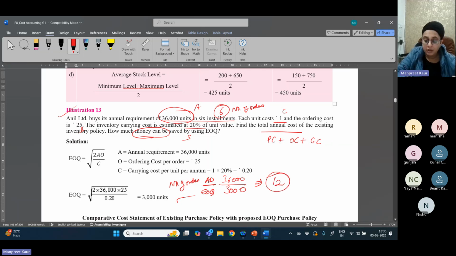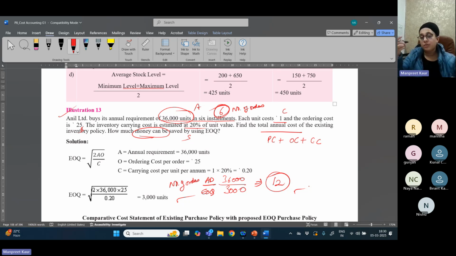But the company wants us to take 6 orders. According to our EOQ, how many orders should there be? 12. We should order 12 times, 3,000 quantity each, rather than 6 orders of 6,000 quantity in one order.